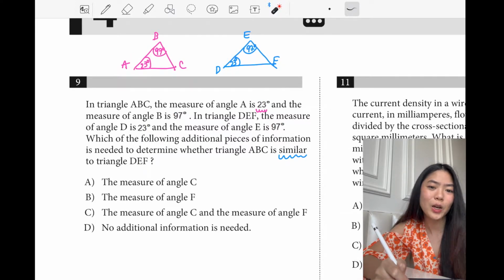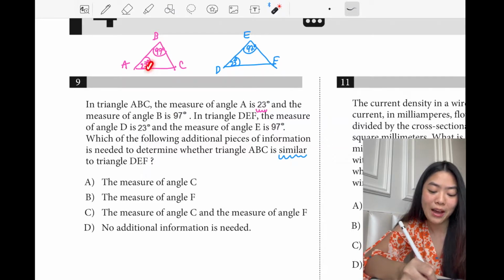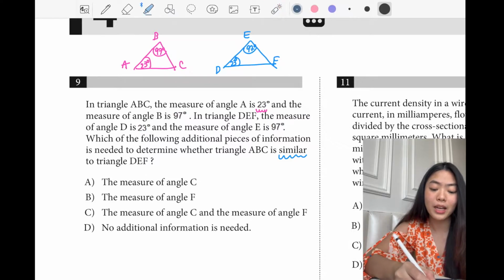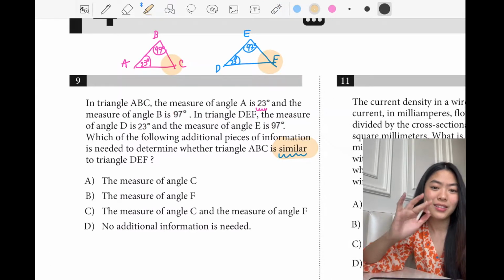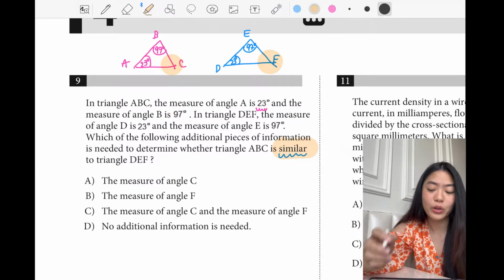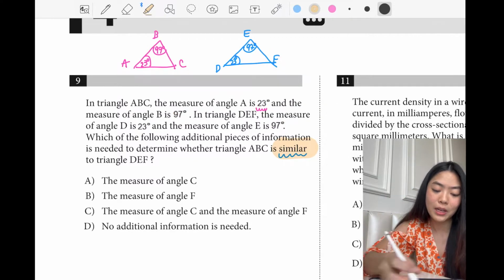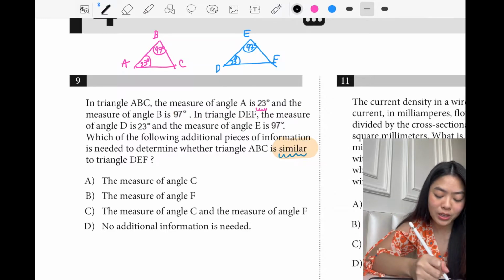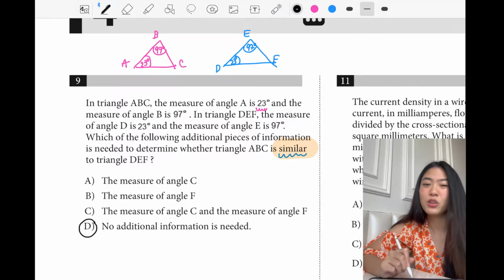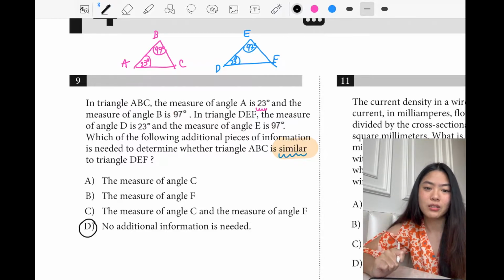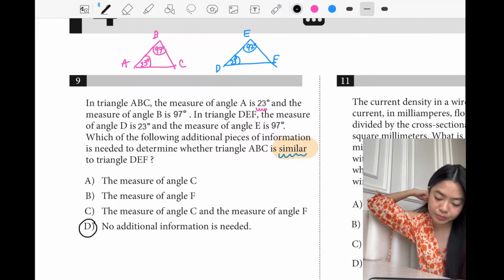Then we can imagine that if we have two angles already, we can conclude that they are similar because the third angle would be equal to each other as well. So therefore we're going to choose no additional information is needed. Okay, because we don't need any information, just the two equal angles, so it's enough.